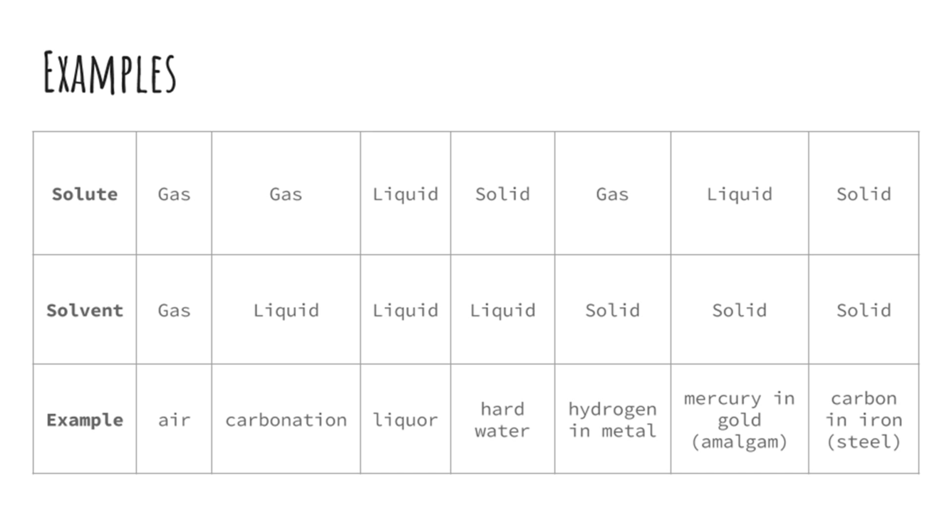So mercury will pretty much instantly dissolve into gold or silver. It's very hard to separate them once that happens, and they become toxic, and so it can ruin gold or silver.